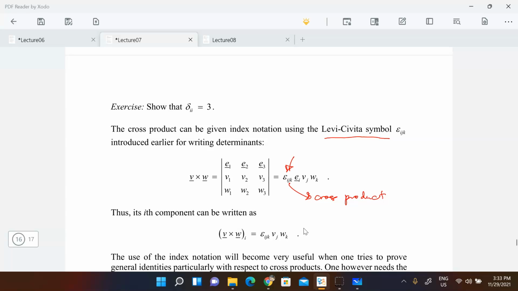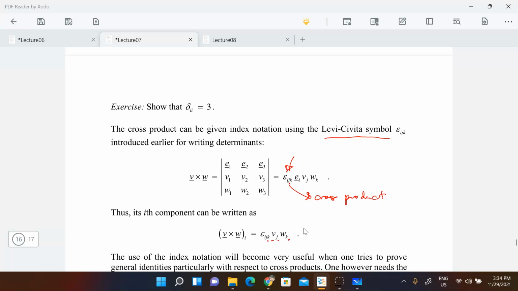For example, over here, here's a nice demonstration of this. I have this V cross W, the I component. So I have a free index over here, and that means on the right hand side, I should have a free index I. But here I also have the other indices J and K, and they are dummy indices, J repeated here and here, K repeated here and here.